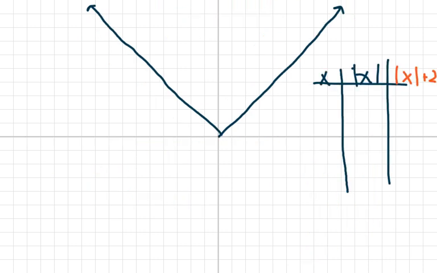Okay. Now this one's going to be a vertical shift up by 2 units. Maybe I should write it down here because we're going to be going up. So let me write it down here. Vertical shift up by 2.